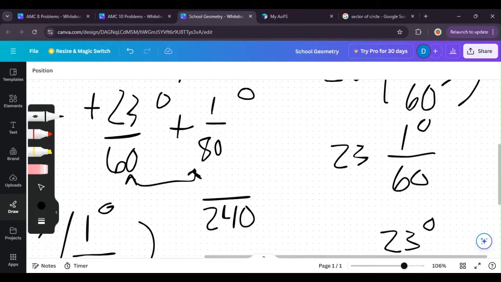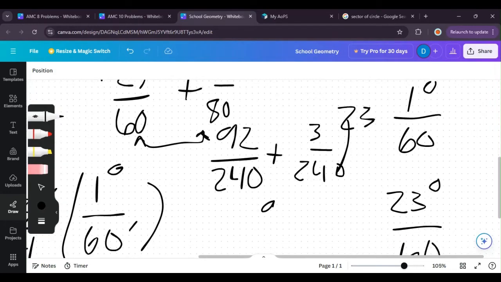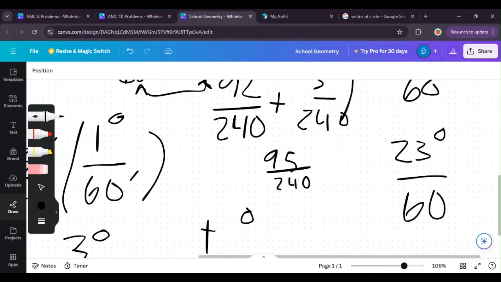So one is times 4, so 92 plus 3 over 240 is equal to 95 over 240. And we can divide by 5.